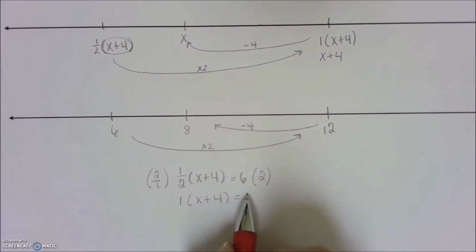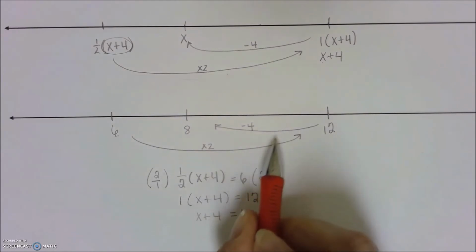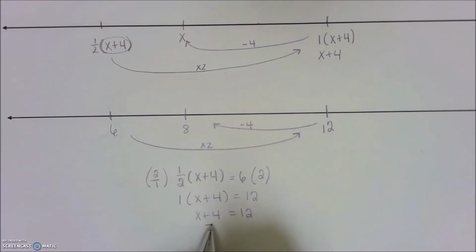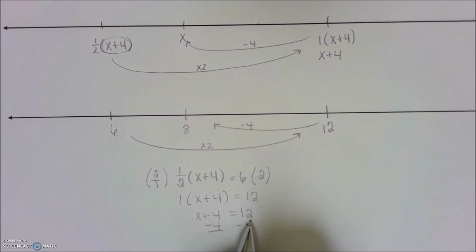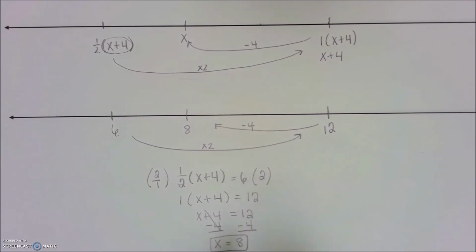So we end up with 1 times the quantity of x plus 4 is equal to 12, which is the same as x plus 4 equals 12. Then we have to subtract 4 from both sides, keeping our equation balanced, again noticing the inverse operation. So x is equivalent to 8.